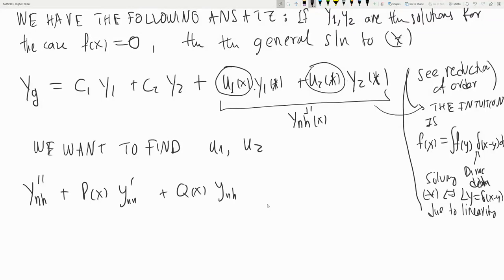Now if you use that y1, y2 are homogeneous solutions, you get two zeros. I'm not going to go into it. And then you get the following.